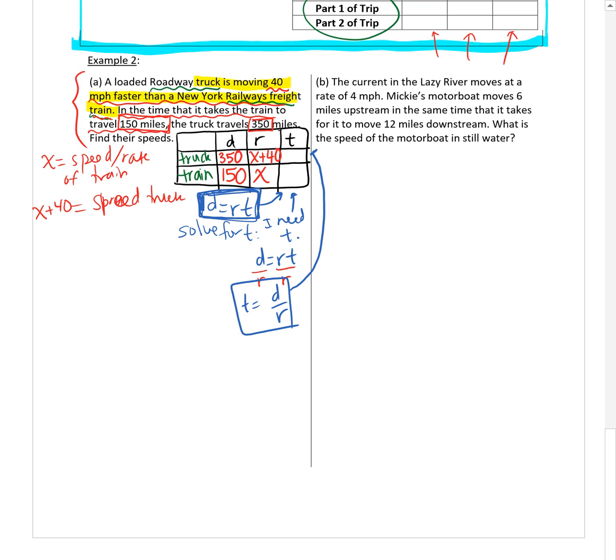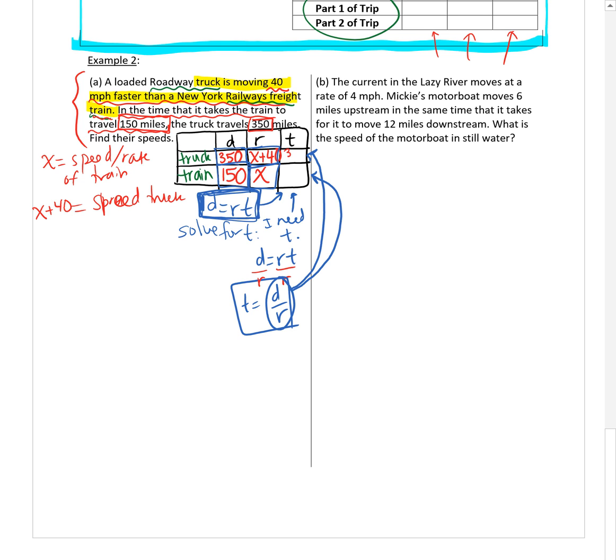So the time for the truck will be the distance of the truck, which is 350, over the rate, which is x plus 40. And then for the train, I'll do the same thing. I'm going to take his distance, which was 150, put it over the rate, which is x, according to this formula. So the train and the truck, it doesn't matter which one you're talking about, its time is its distance over its rate.